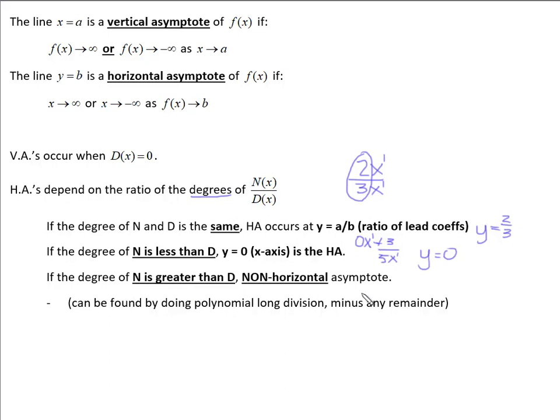And if you want to come up with the equation of the non-horizontal asymptote, which I don't think we have to do yet at least, you can find that by doing polynomial long division. So you actually do the division, and the quotient tells you what your non-horizontal asymptote would be. You don't need the remainder, you can just cut it off, but the quotient of the long division gives you that equation.